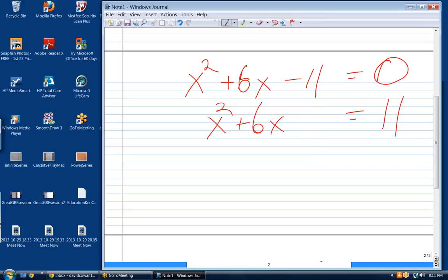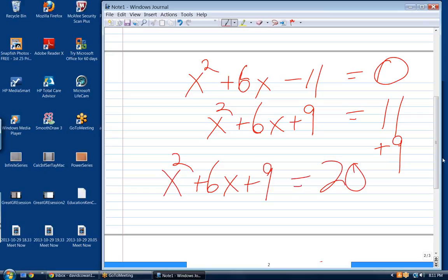So what's the next step? Divide 6 by 2 and square it. So I'm going to add 9, and I'm going to add 9 over here. So now I have x squared plus 6x plus 9 equals 20.